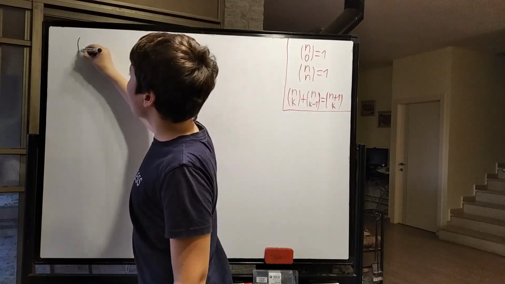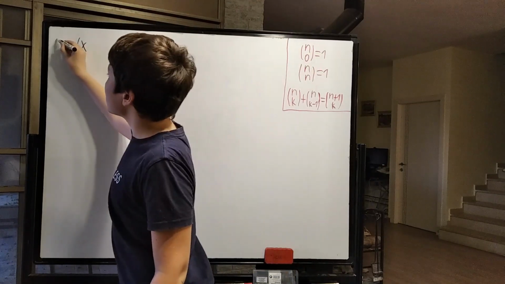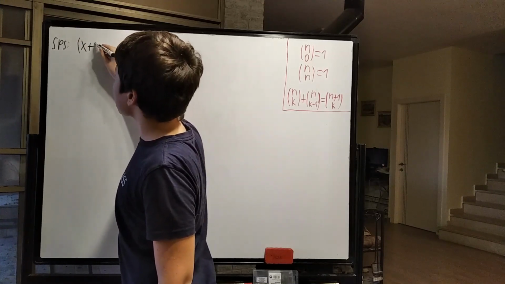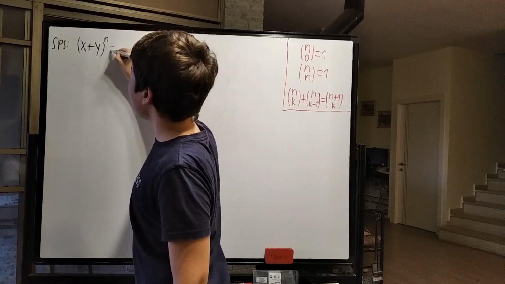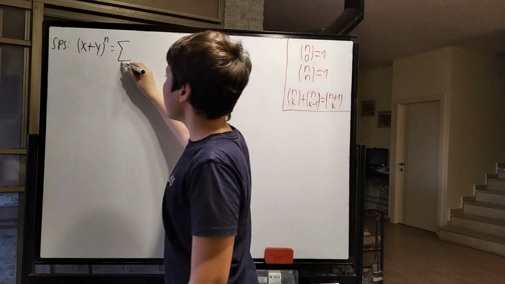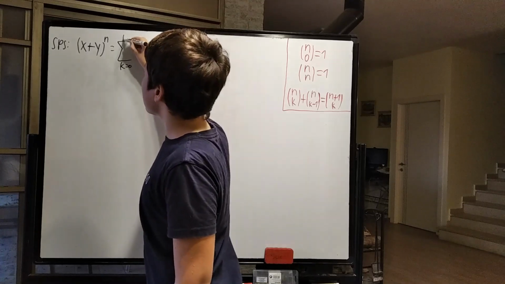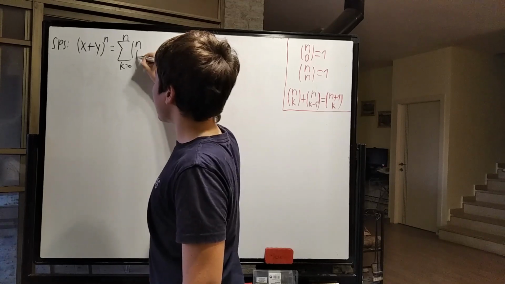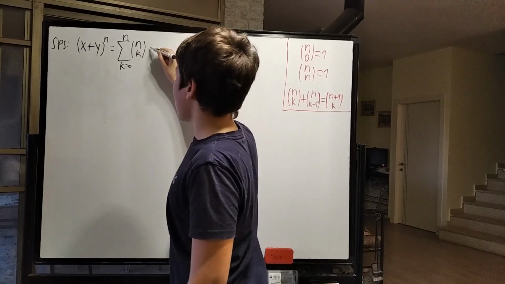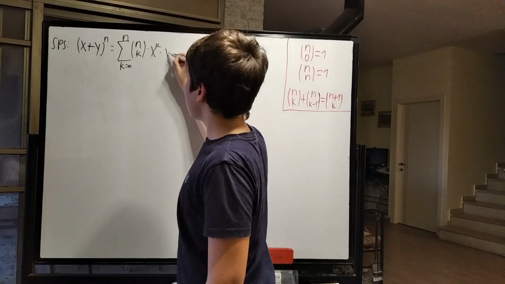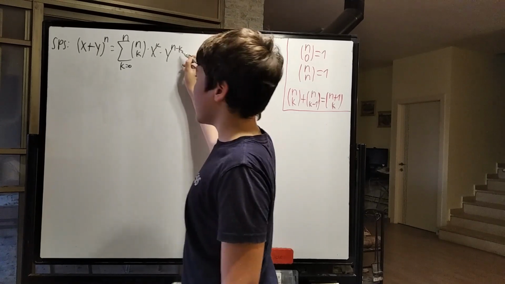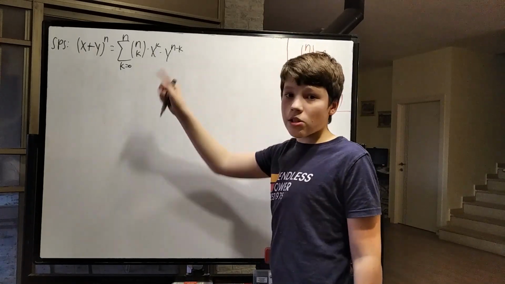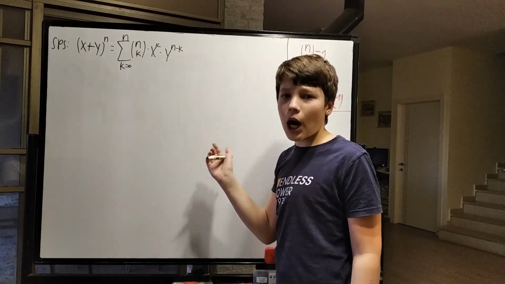So, we're supposing we have (x plus y) to the n is equal to the sum, as k goes from 0 to n, of n choose k times x to the k times y to the n minus k. Now we will show that just because of this, it is also true for n plus 1, which will finish our proof.